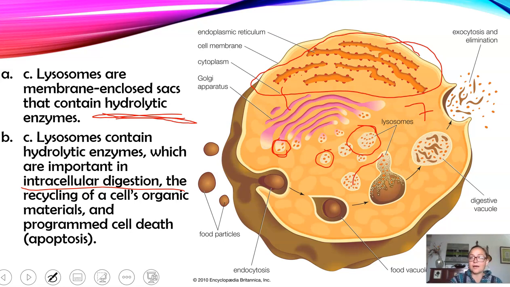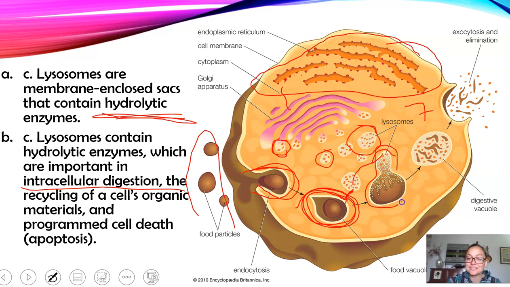This could be true for single-celled organisms like an amoeba that engulf food. You can see this food particle is being taken in by endocytosis, and now it's in a food vesicle. This is made of a lipid bilayer, and that lipid bilayer will fuse with the lipid bilayer of a lysosome.